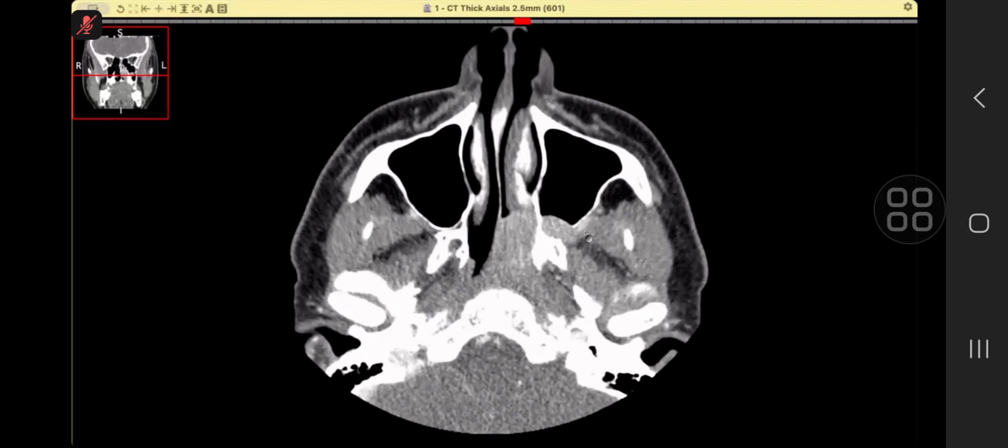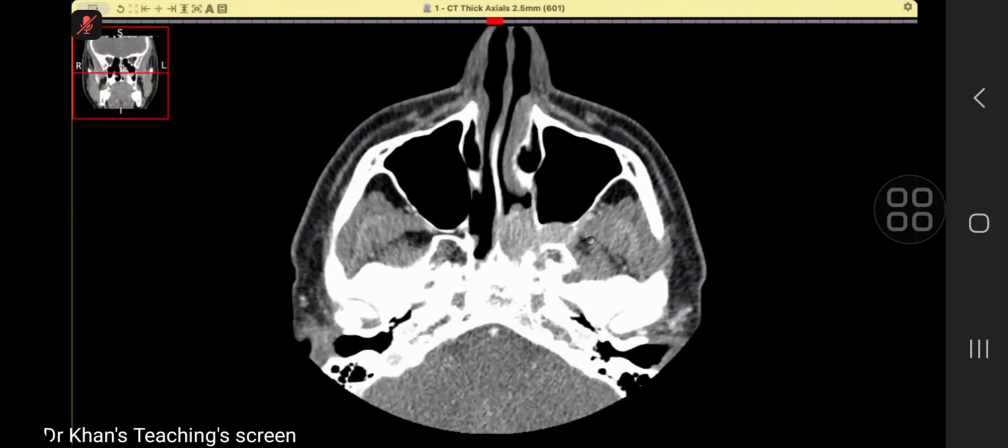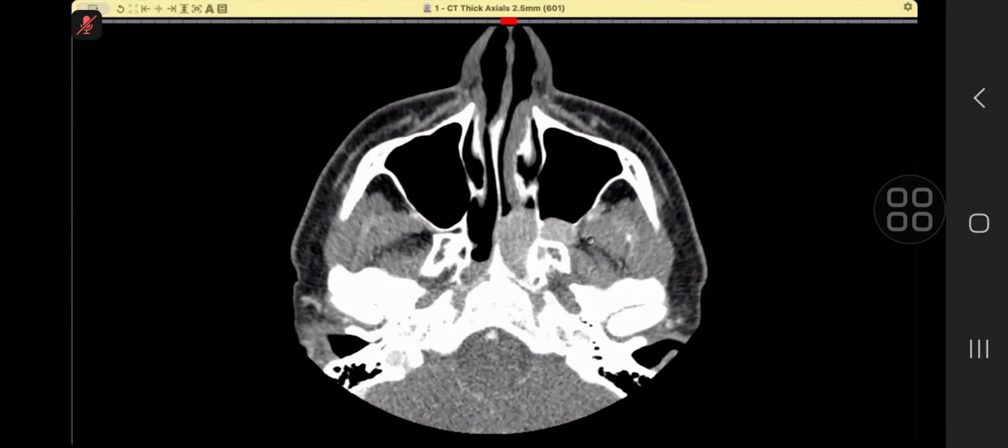And 30 years ago, when they used to diagnose these things on plain films, on a lateral PNS view, this was a sign where the lateral wall of the sinus, we used to call it a sail sign.